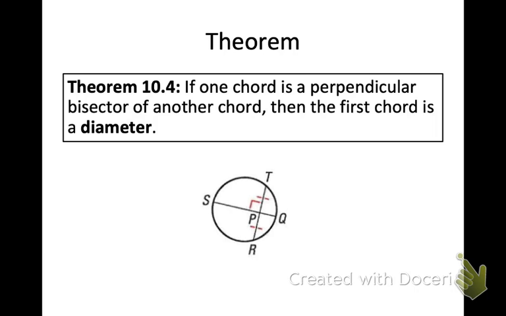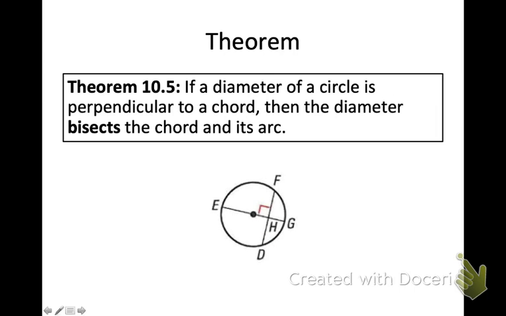This theorem is not used as much as 10.5, which is kind of the converse of it. Usually I'm not checking whether it's the diameter. Usually I'm like, well, here's the diameter. What does that give me? Theorem 10.5 says if you already have the diameter of a circle and it is perpendicular to a chord, then the diameter bisects the chord and its arc.